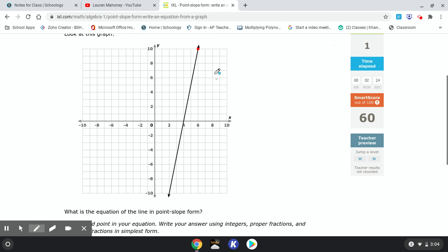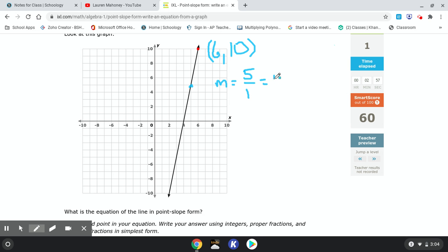I'm going to do a jump and see if they ask us something different here. This one doesn't give us boxes to plug into. We still have to take our information like we had before, but now we are typing in the equation. So we're typing in the y minus part. My ordered pair up here is 6, 10, so 6 is going to be our x1, 10 is going to be our y1.